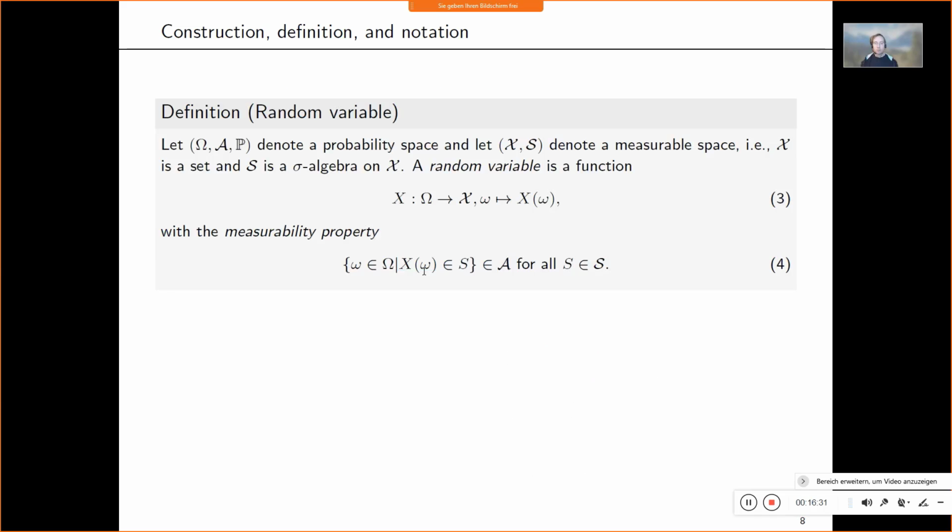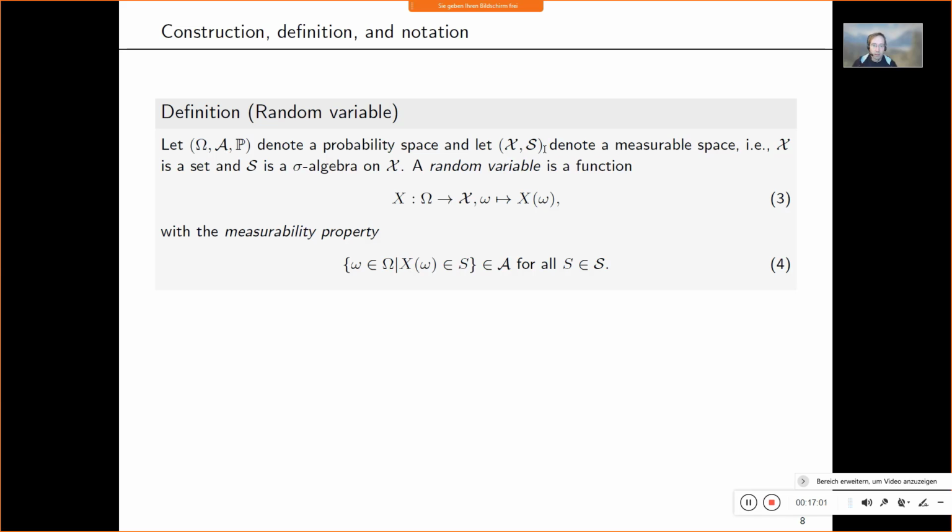So based on this construction, we have enough background to have an understanding of the definition of a random variable. We define a random variable as follows. Let's assume that we have a probability space Omega, A, P, and we have another space X, calligraphic X and calligraphic S, which we call a measurable space.